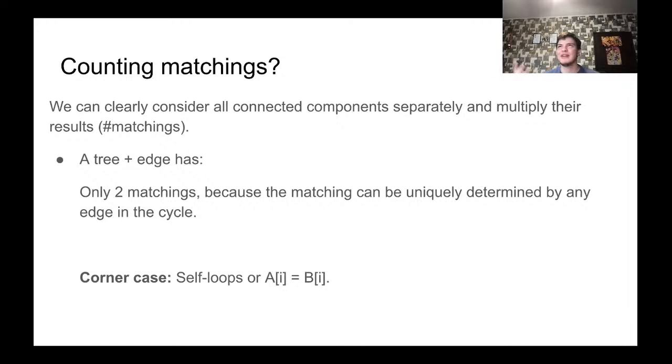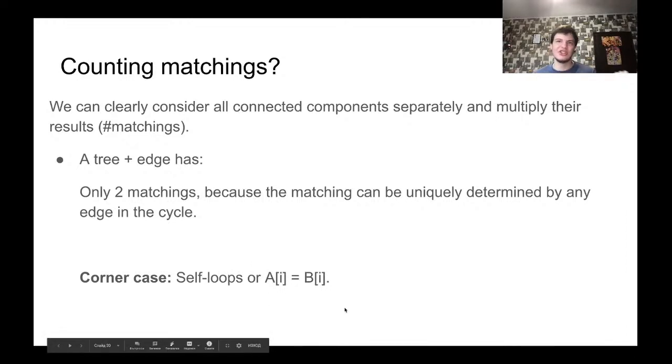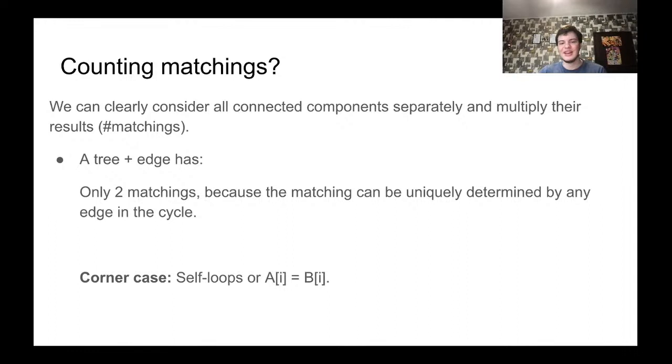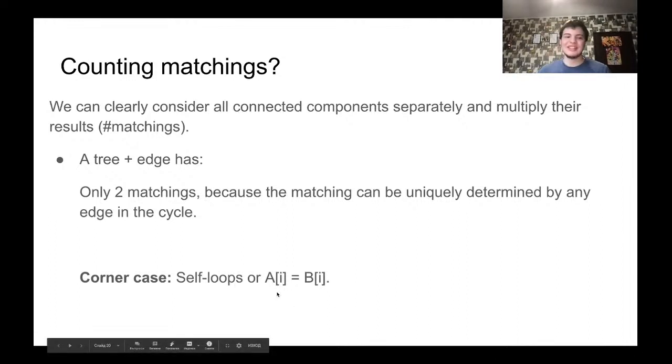I mean, because we have just a single vertex, if we choose the direction, both directions will basically be the same thing. So if our cycle is a self loop, then the number of matchings is just one. So yeah, that's the corner case, which you have to notice, but it's not very hard.